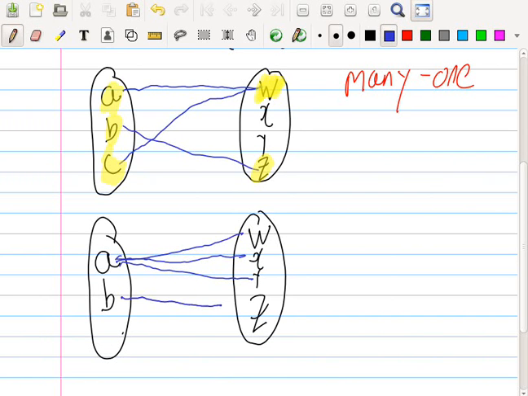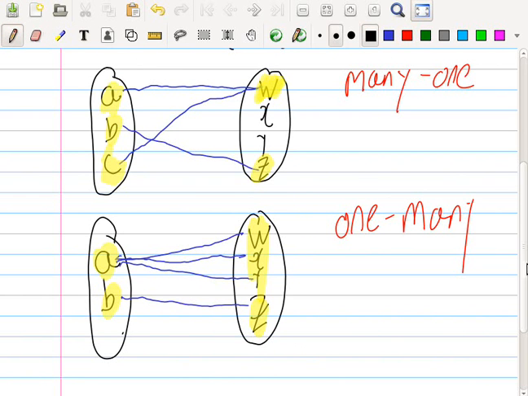Yeah, and B goes to Z. Okay. Any ideas what this one might be called? One many, because one value here could go to many values here. And again, B just goes to Z. So this one's called one-to-many.